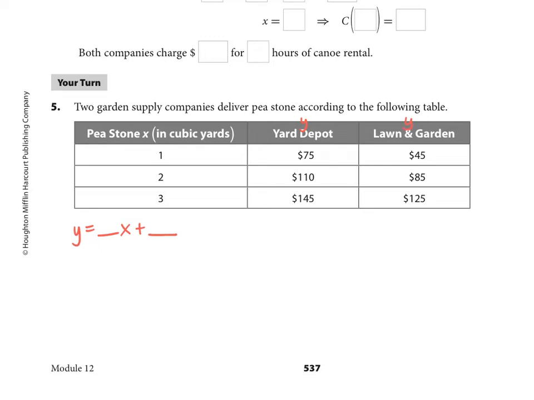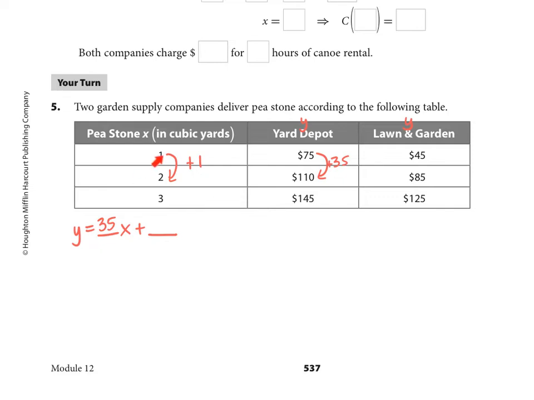So that means for Yard Depot, when we go up 1 cubic yard, the cost goes up $35. That means 35 divided by 1 would be 35. That's our slope. Initial value means when x is 0.